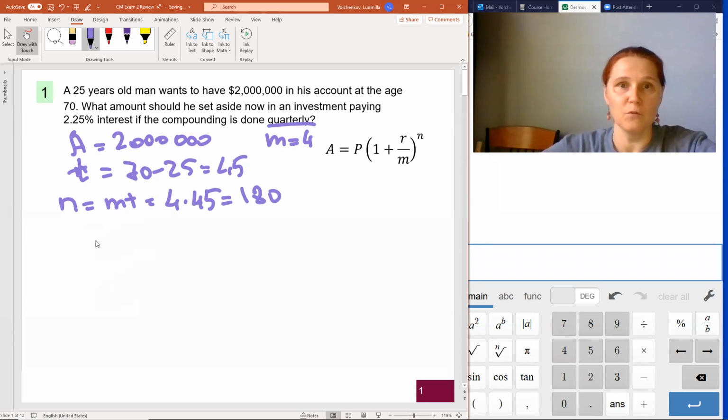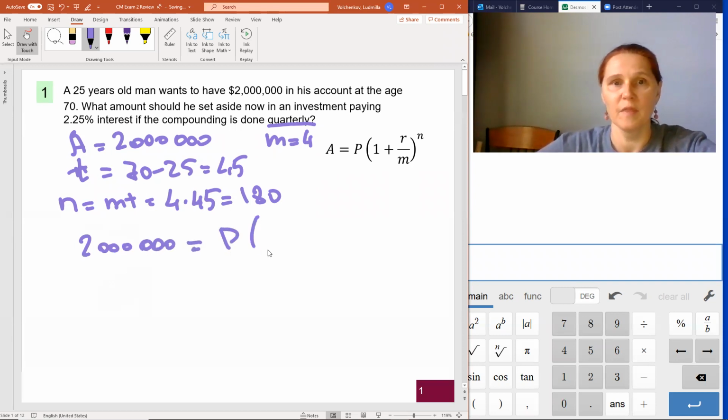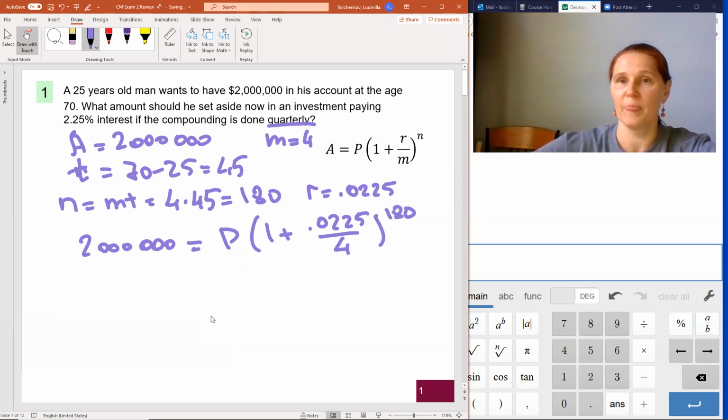Now we can use the formula. 2 million equals P times 1 plus R over M. So R is 0.0225, 0.0225 divided by 4, raised to the power 180.